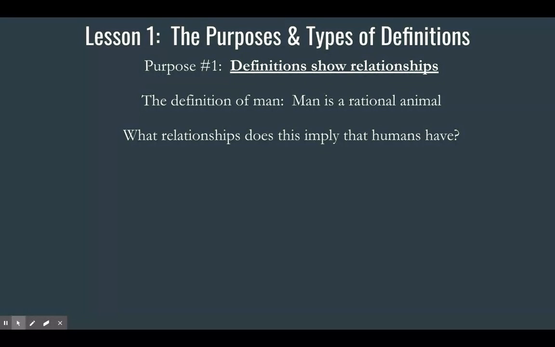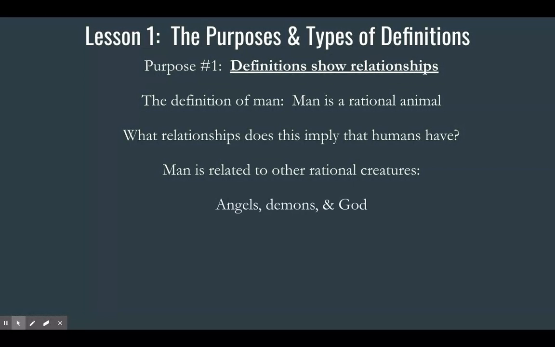Okay, so let's break it down word by word. So man is related to other rational creatures. What are some other rational creatures? Like ants and bees. Nope. Angels, demons, and God, right? Rational creatures, able to use reason, able to use rationality.